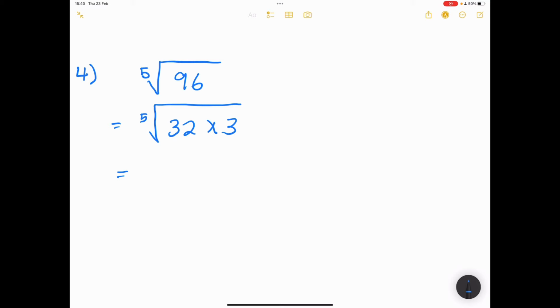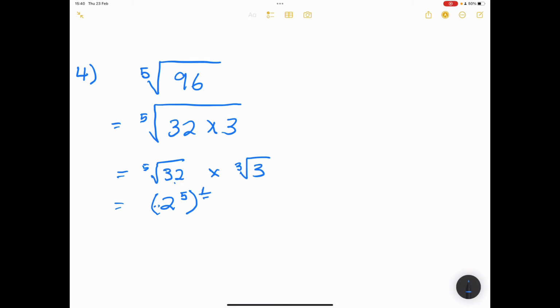So in this case, why am I writing it this way? Because now I will have the 5th root of 32 multiplied by the 5th root of 3, right? So I can simply say, but what is 32? That's going to be the same as 2 exponent 5, right?